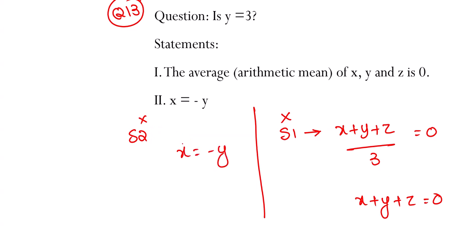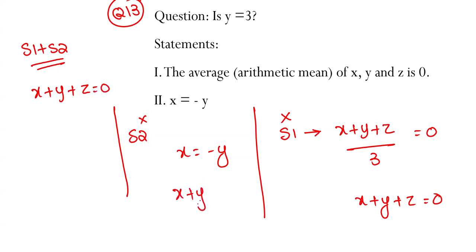With that, I cannot decide whether y value is 3 or not. Then putting the statements together, x equal to minus y, I can get z value 0. And the other one conveys that x plus y equal to 0. So using those two, z value is 0, I still cannot decide the y value.